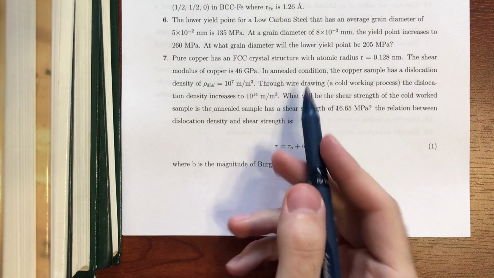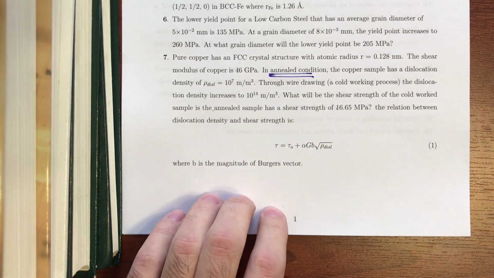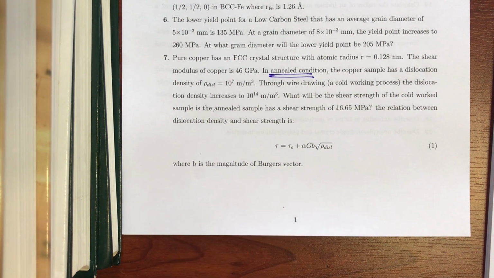In the annealed condition. Annealing is a special heat treatment process that softens the material and reduces the dislocation density. The high temperature enables the diffusion of atoms and atomic processes that require high mobility and high energy.